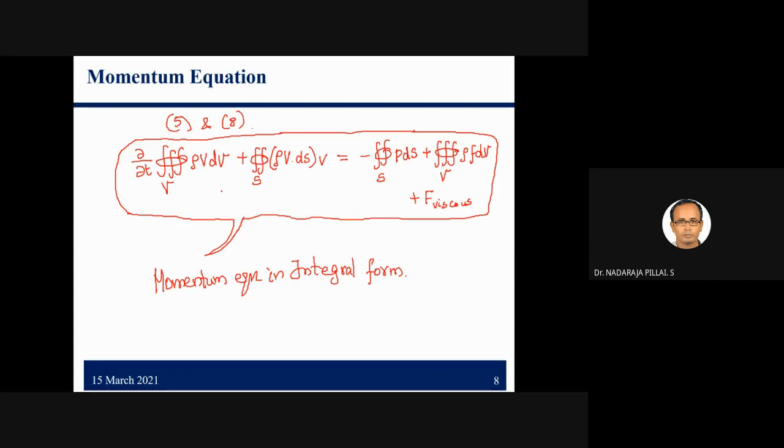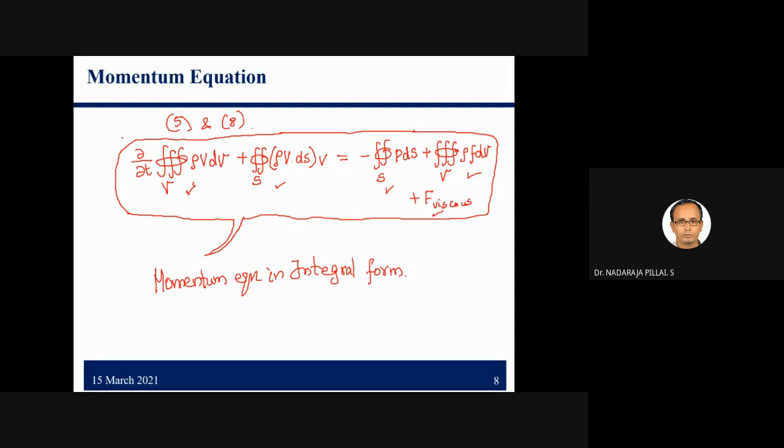The time rate of change of momentum due to the unsteady fluctuation, and here the net flow of momentum that is out of the control volume. Here the pressure force, body force and viscous force. So pressure force is equal to rate of change of momentum. That is the momentum equation we have.